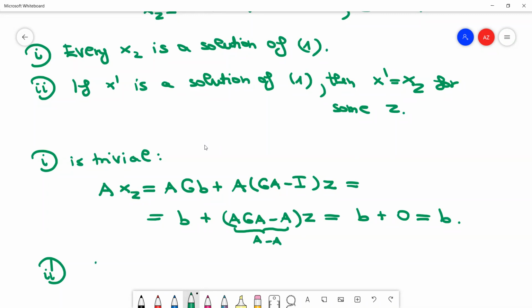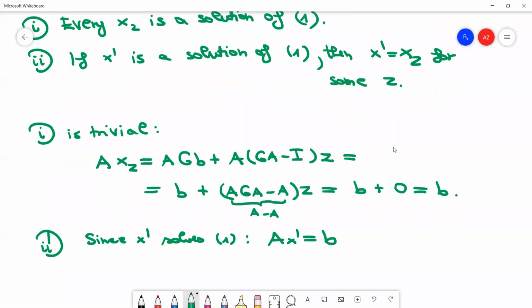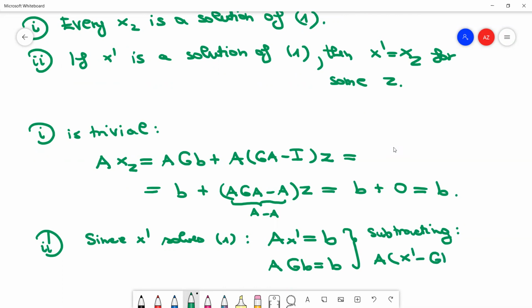So we know that since X prime solves 1, this means that AX prime is equal to B. But on the other hand, we also know that AGB is equal to B. And if we subtract those two equations, we get that A of X prime minus GB, this is the left side, is equal to B minus B on the right side, but this is just 0.